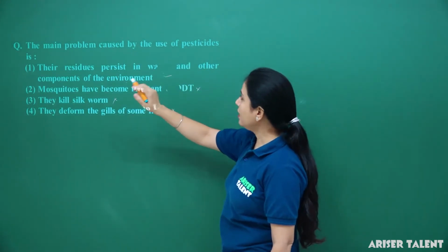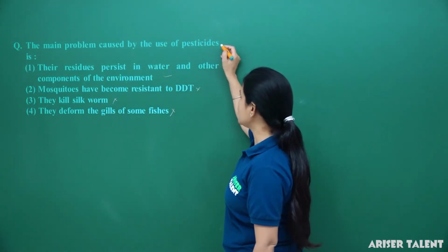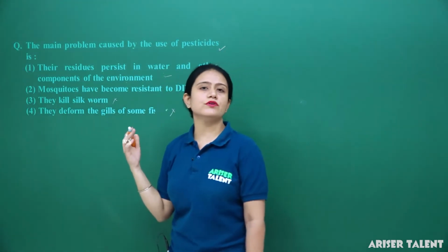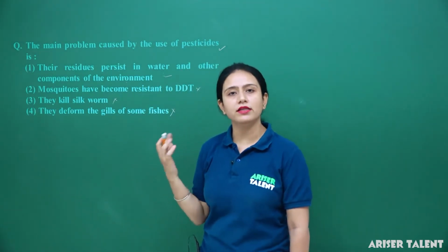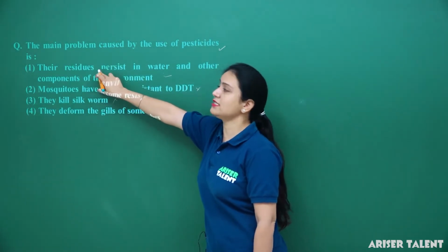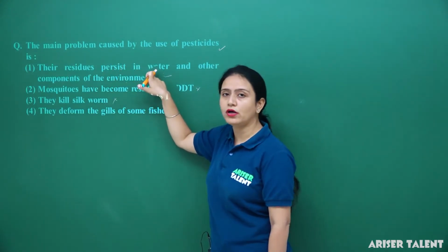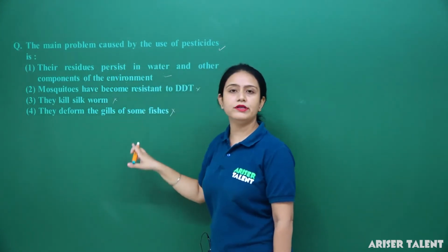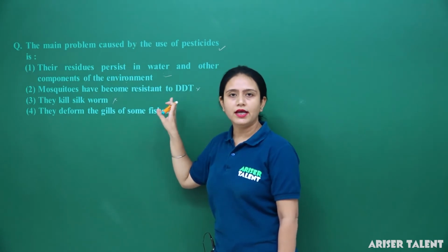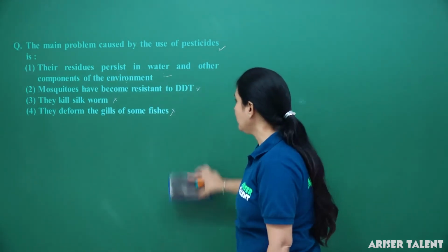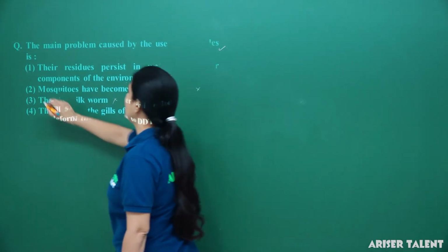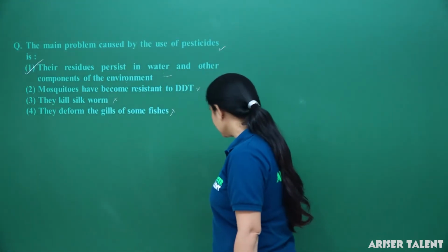No. The main problem caused by the use of pesticide, as we know, is that excess use is very harmful because it causes harm to the environment and living beings. How? Because their residue persists in the water and other components of the environment. Clear? So this is the reason they are so harmful to living beings. So option 1 is the correct answer.